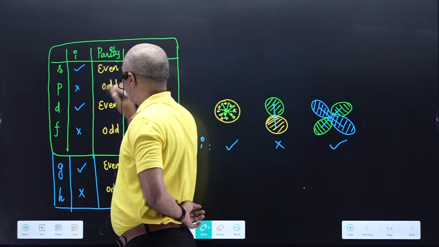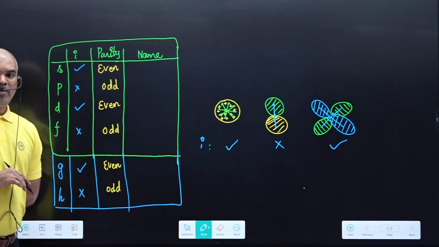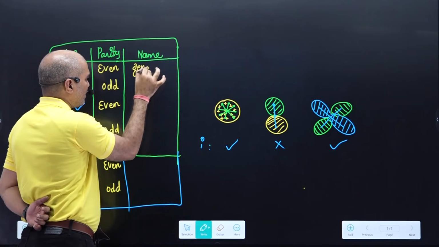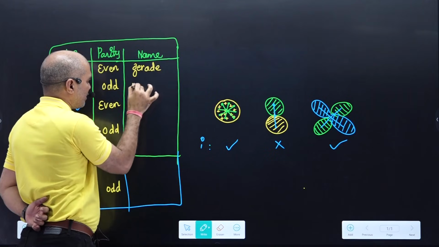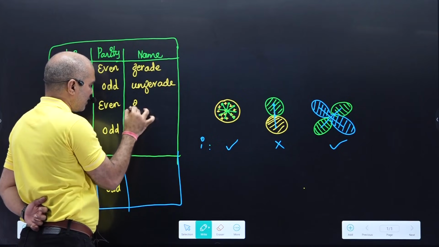What is the name that you give when parity is even? Whenever parity is even, we give a name: gerade. And when odd: ungerade. This will continue.